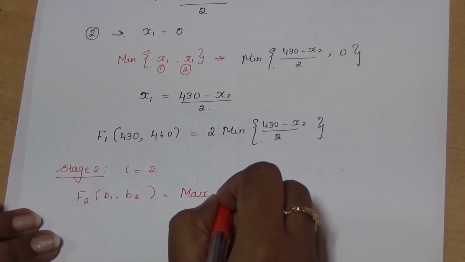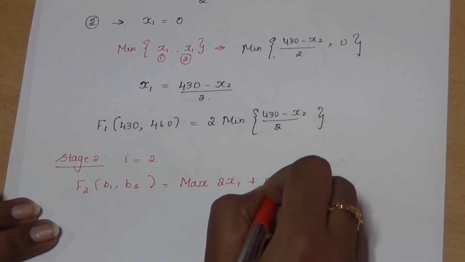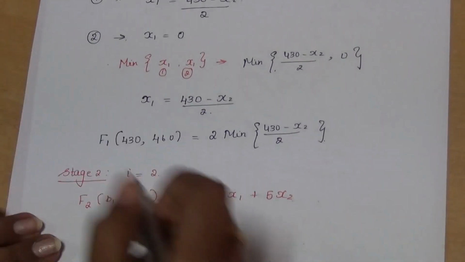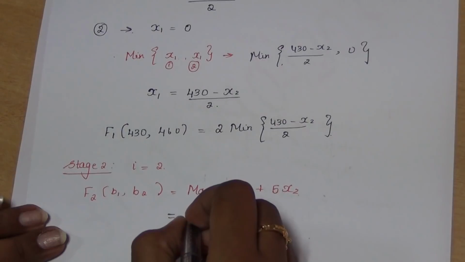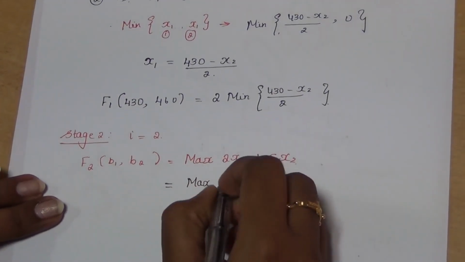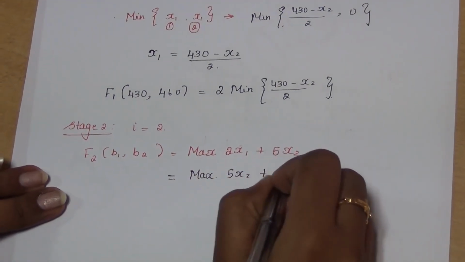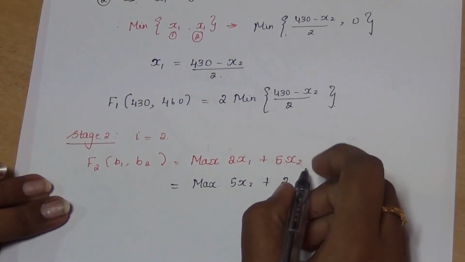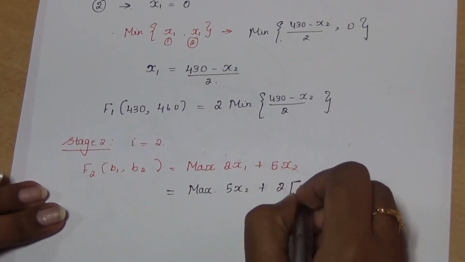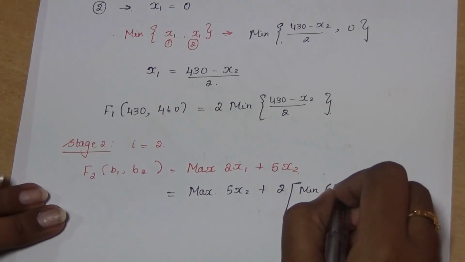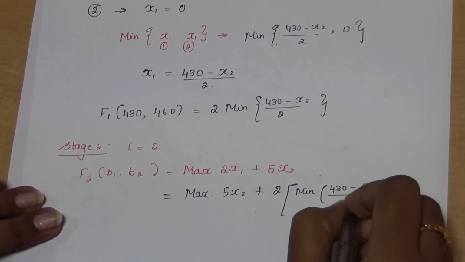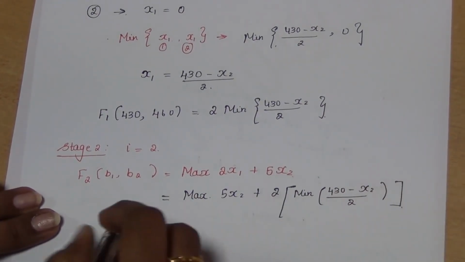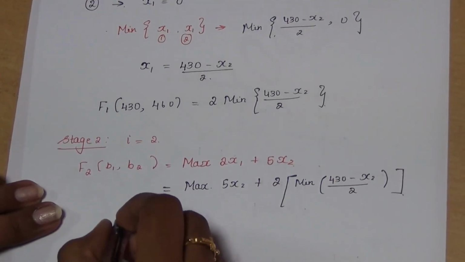The equation formed will be the max of, we'll include both variables up to the second variable, so that will be 2x1 plus 5x2. Since we know the value of x1, we can substitute it there. Maximum of 5x2 plus 2 into the value of x1 from the above equation, which is the minimum of 430 minus x2 by 2. Now let's calculate the value of b for x2.